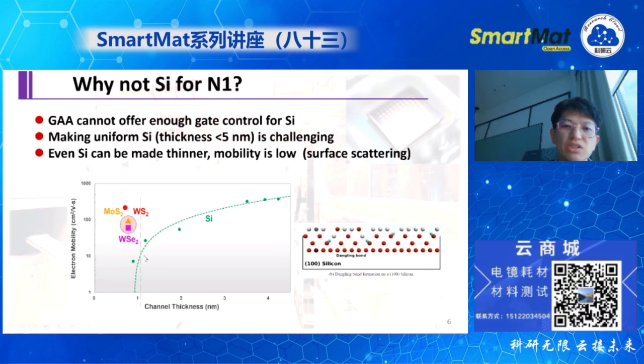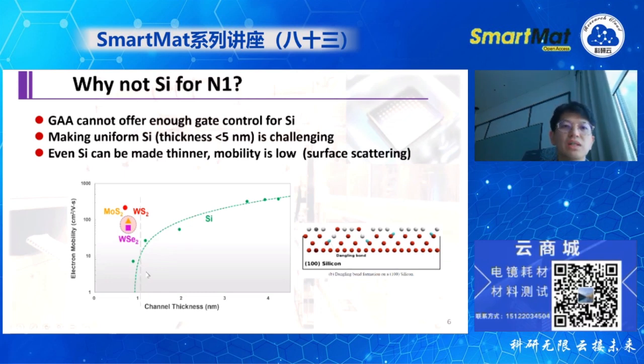The green line shows how the silicon mobility decreases with decreasing channel thickness. But if you see the tungsten selenide, molybdenum sulfide, and WSe2, those are three typical transition metal dichalcogenides. They still maintain very good mobility, higher than silicon, when the thickness is down to 1 nanometer.